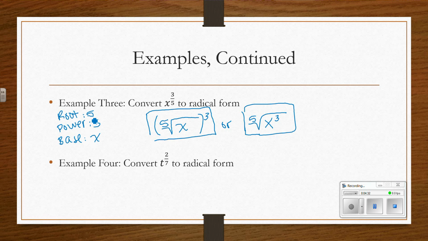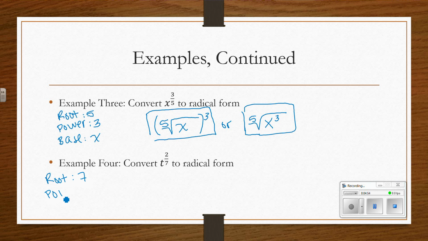Again, this is the work to get your answer. This is the answer. I'd like you to pause the video for a moment and try example 4 on your own, and then you can go back in and play to see the answer. Okay, so in this one the root is the denominator, so 7.